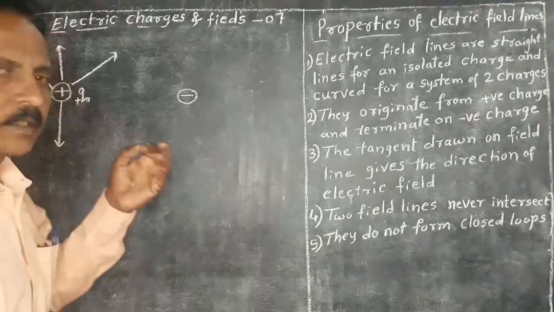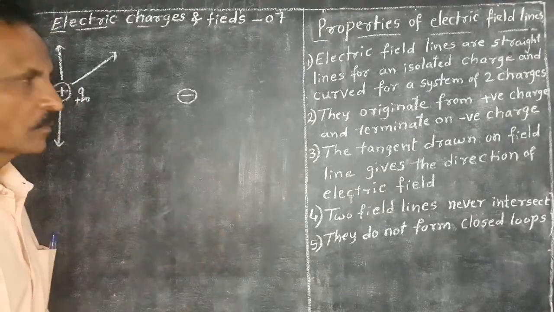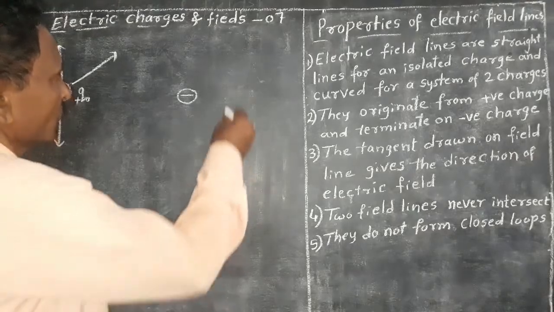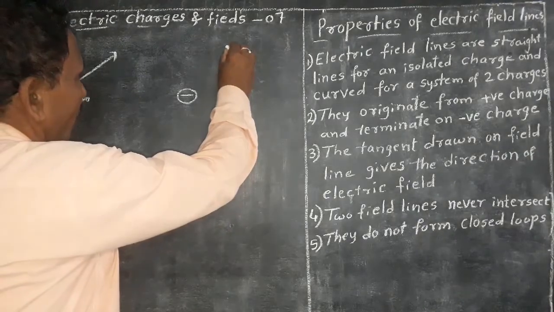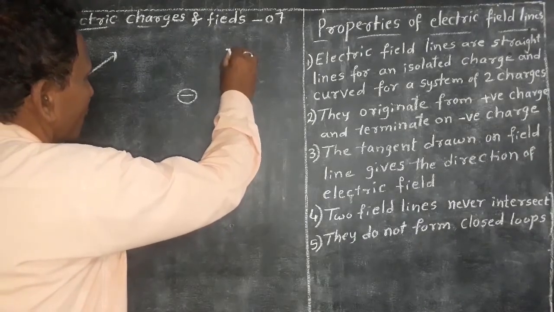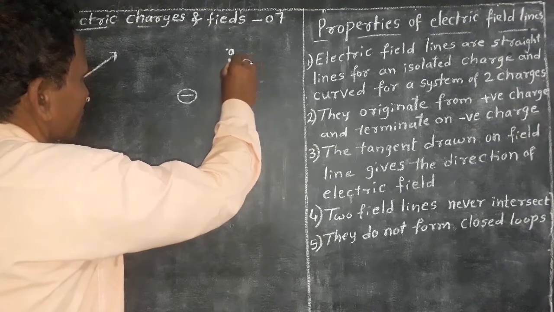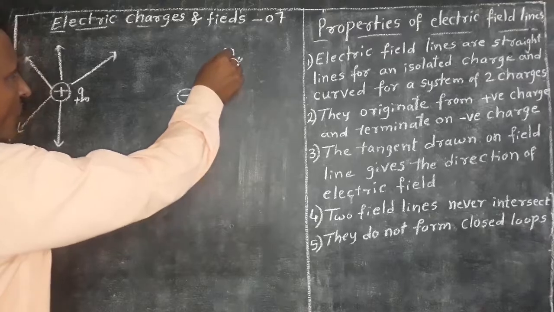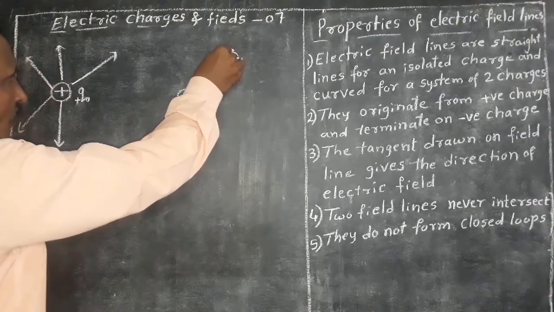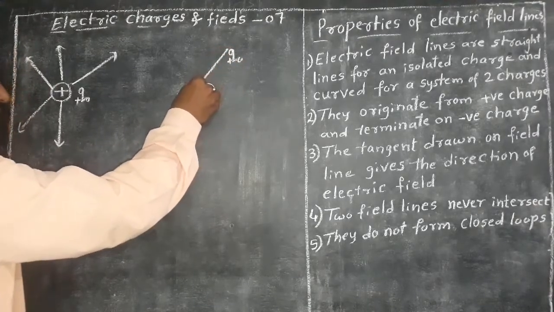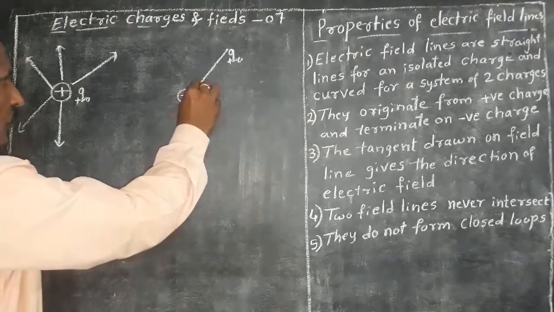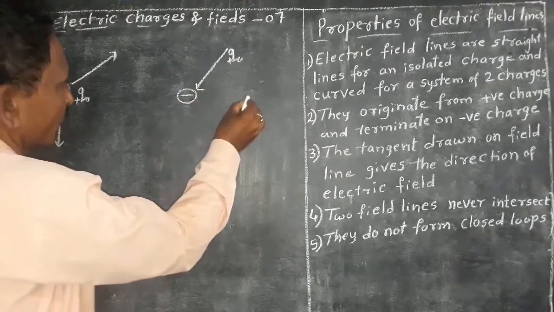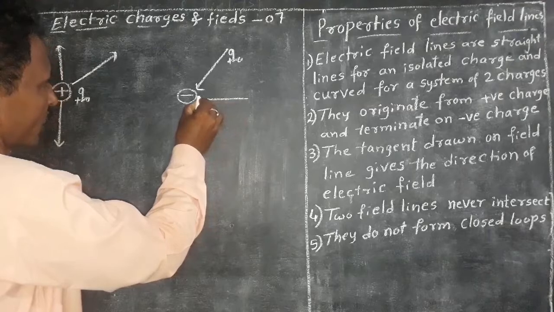Now consider an isolated negative charge, and the test charge is always positive. If a test charge is placed in the environment produced by the source charge, due to attraction, the test charge moves towards the source charge. If it is placed here, it moves in this direction.